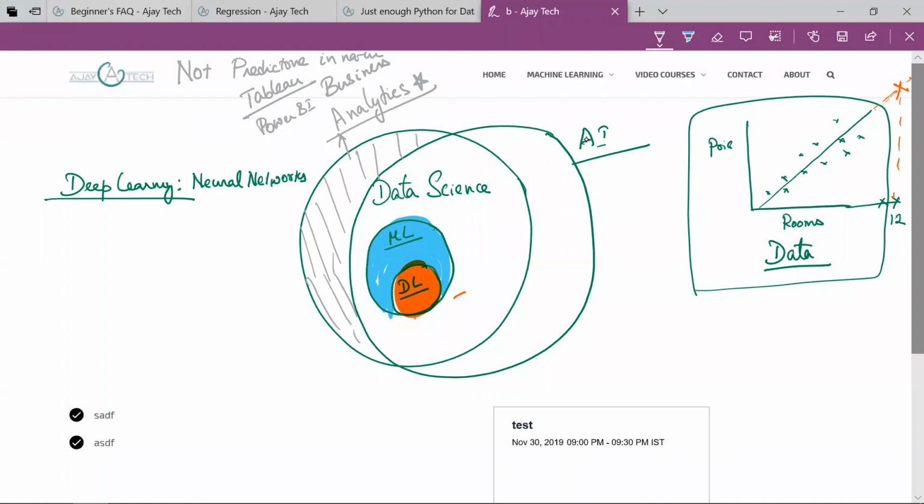As long as it makes things seem intelligent, it's an intelligent system. For example, there are certain rules-based engines. There is no actual predictive power in it, but still you can classify it as artificial intelligence.